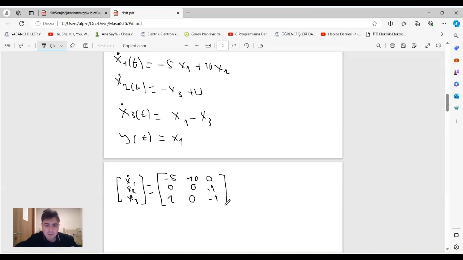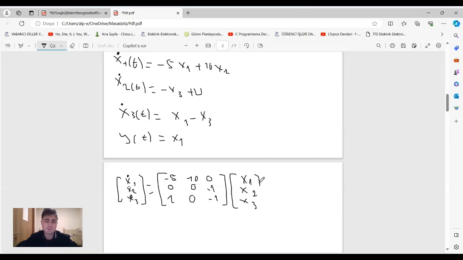Okay, and then we must write x1 times minus 5 is minus 5 x1. We already know that, that's why we write this, and also x2 and x3.